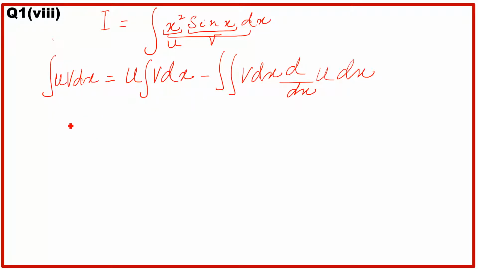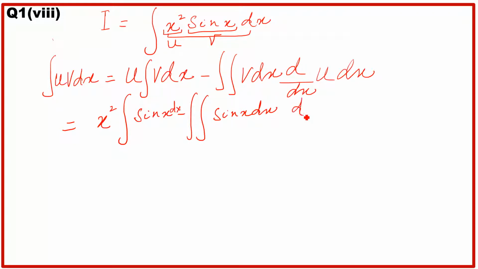So we will start here. First is u, it means we have to take the derivative, so it is x square. Then this integral v dx, which is sine x, minus the double integral, same thing, sine of x dx as well, and the derivative of the first function, which is u, that is x square dx.